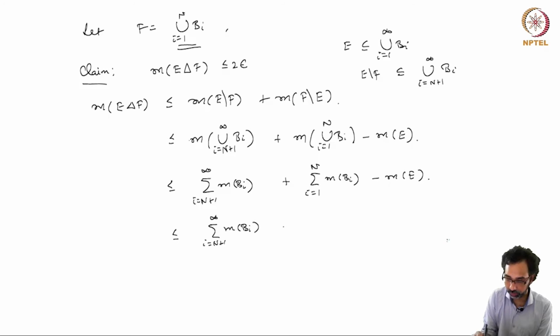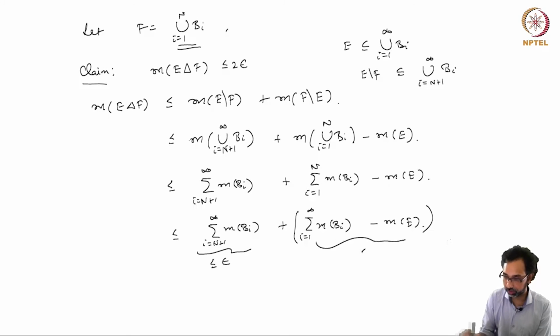So the first term remains the same, but I let the second term go to infinity in the sum, minus m(E). Now note that this part is less than or equal to epsilon, and this part is less than or equal to epsilon by the choice of our Bi. So this is less than or equal to 2 epsilon.